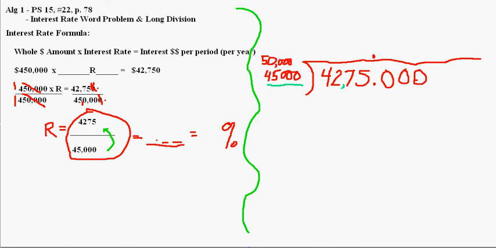No. Can 45,000 go into 427,500? Yes. So I'm going to put my little line there, which means there's a 0 here because it could not go into 4,000.